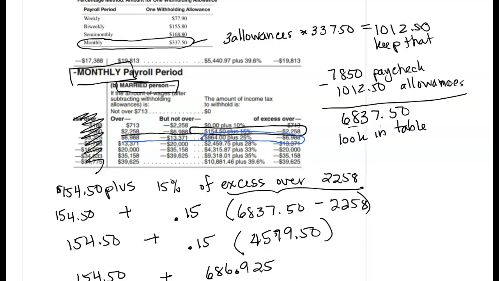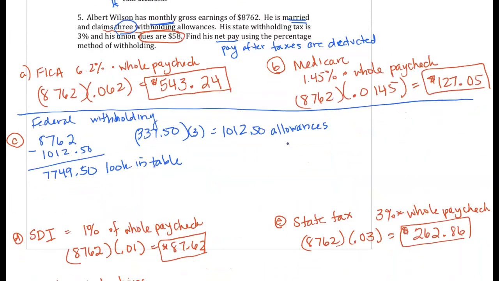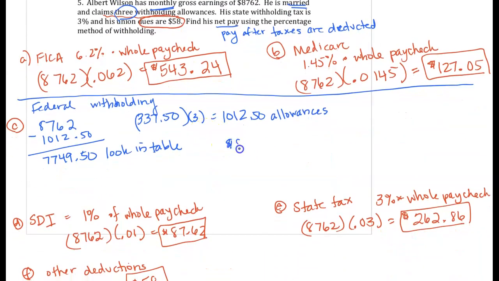$864 plus the amount over $6,988. So $864 plus 25% of the excess over $6,988.